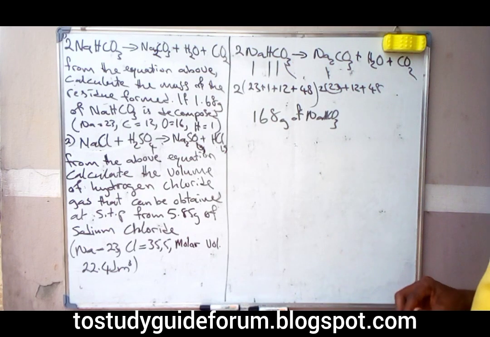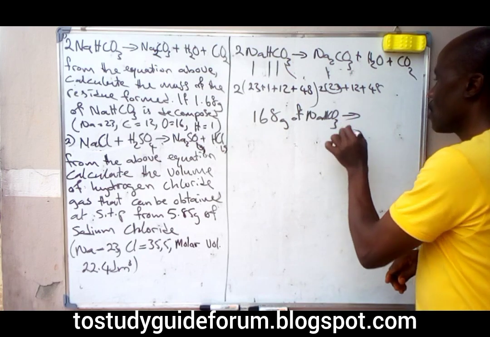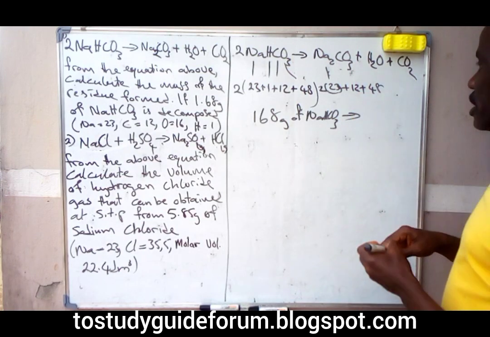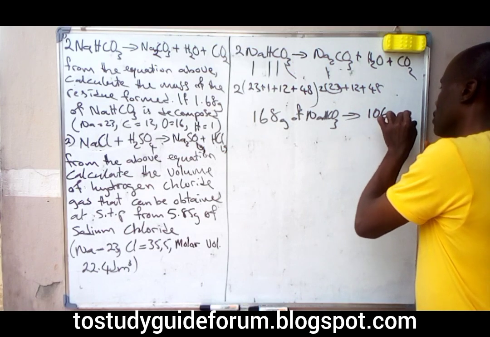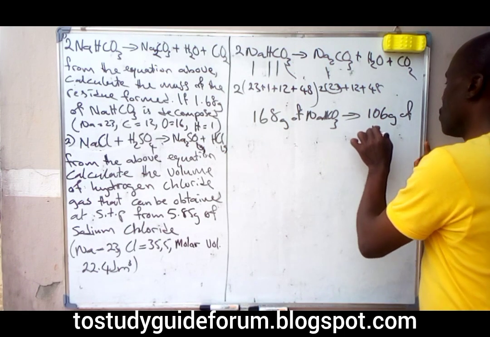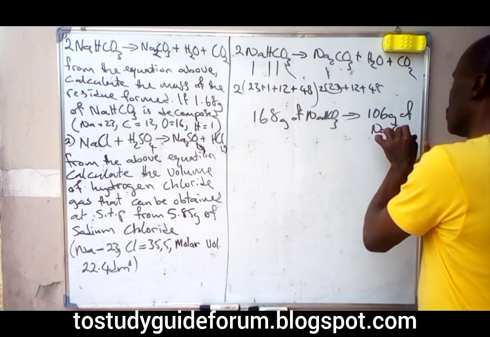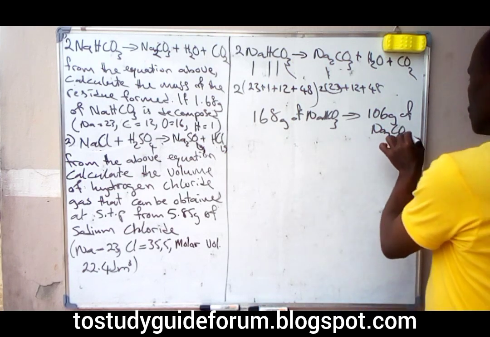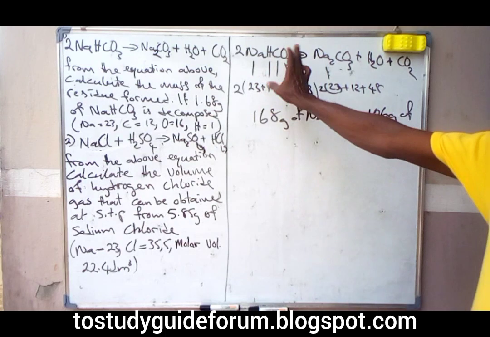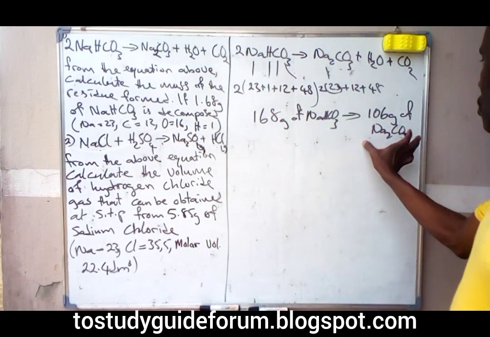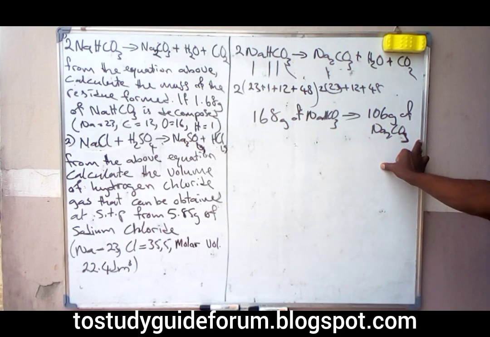If we sum the whole thing up, we have 106 grams of sodium trioxocarbonate. That is what we are looking at now. We have this mass to give us 106 grams of sodium trioxocarbonate.